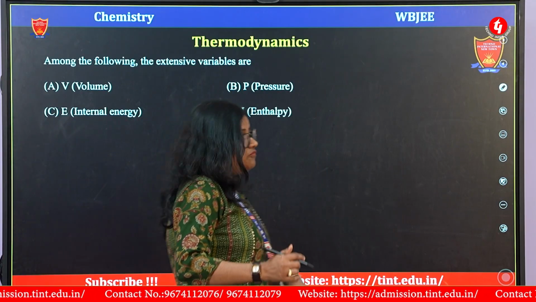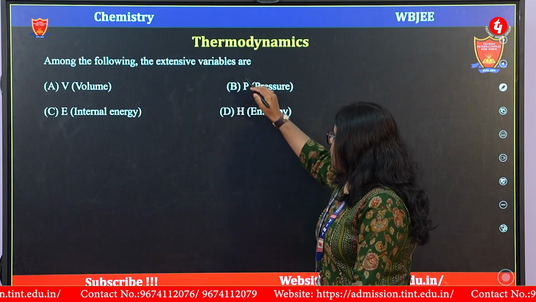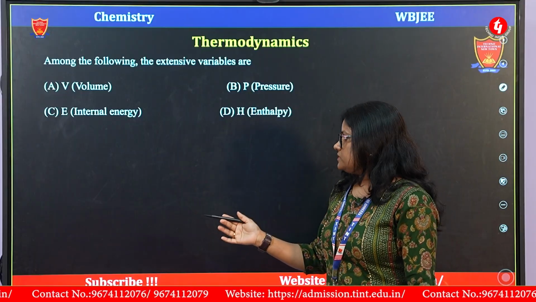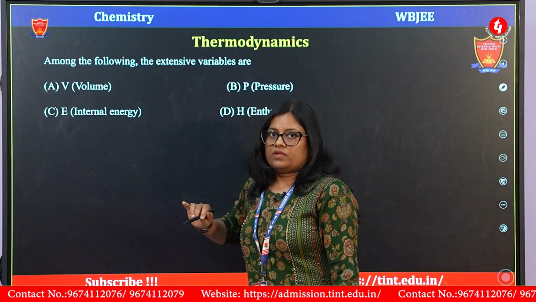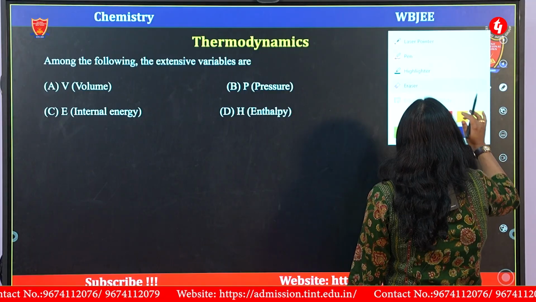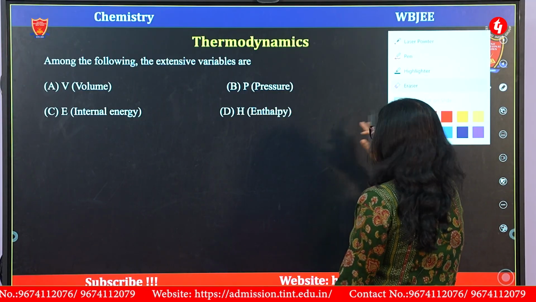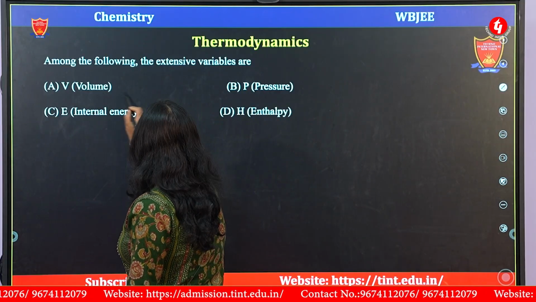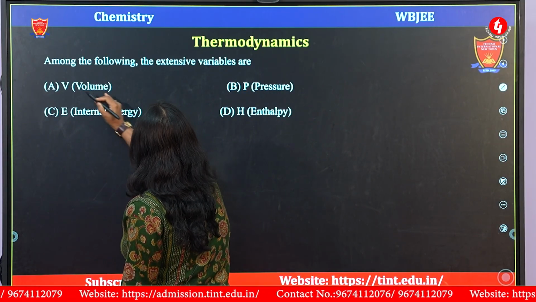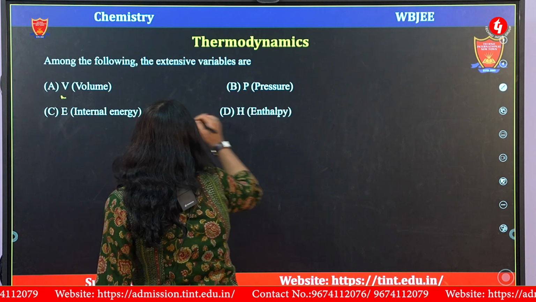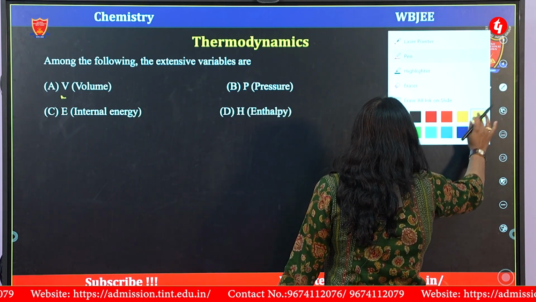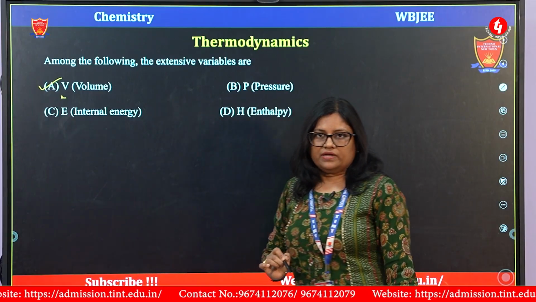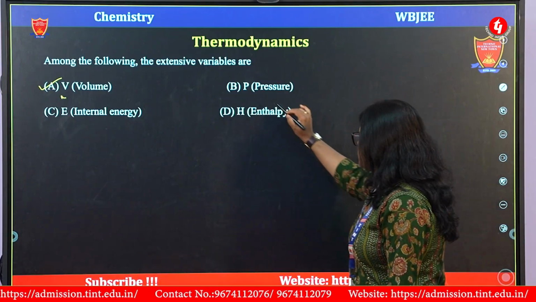Here the first one, volume. Volume, you know, depends on the amount of substance. So, this is an extensive variable.